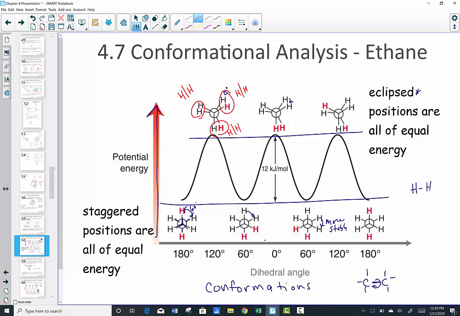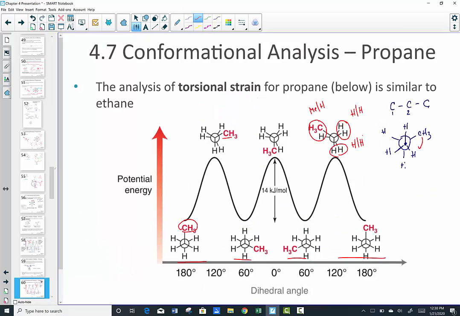But with my propane, I have something unique only because I now introduce a methyl group. Here is a methyl hydrogen interaction, a methyl hydrogen interaction. And so it's just a little bit different energy than the two HH interactions. And that's why you see it a little bit higher instead of being 12 like the ethane was.